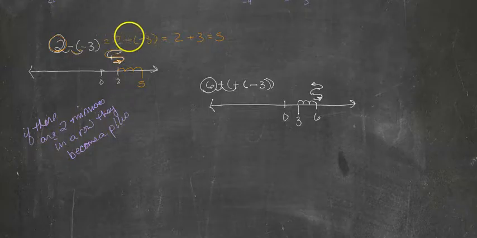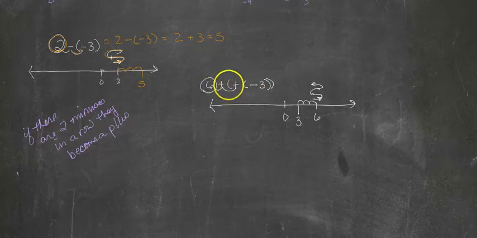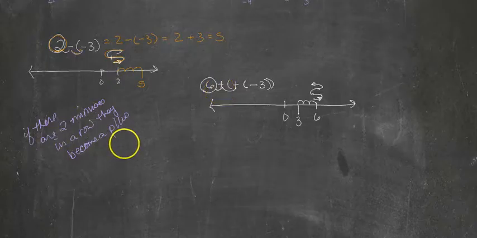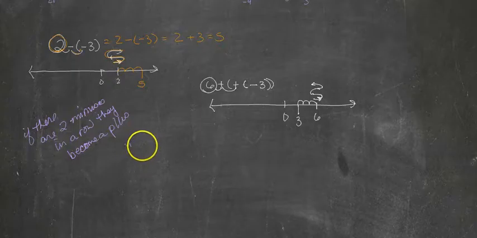Right? So minus minus right in a row without a number in between. If there's a number in between, it's not the same thing as minus minus. But 2 minus signs right in a row, you can turn them into pluses. And you can see I did that here. I just turned them into pluses. So I had 2 pluses instead of 2 minuses. We say in math or in arithmetic that 2 negatives make a positive.